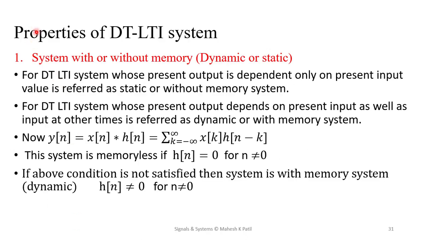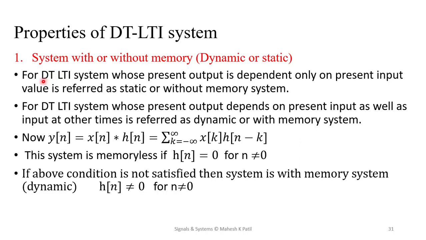Now we'll see the properties of DT LTI system. The properties we have seen for CT LTI system are also considered here. The first property is system with or without memory, that is dynamic system or static system.